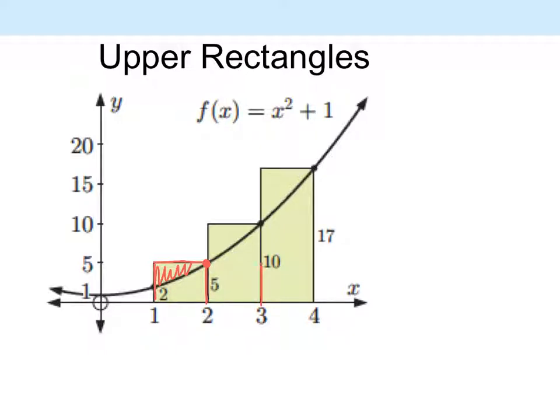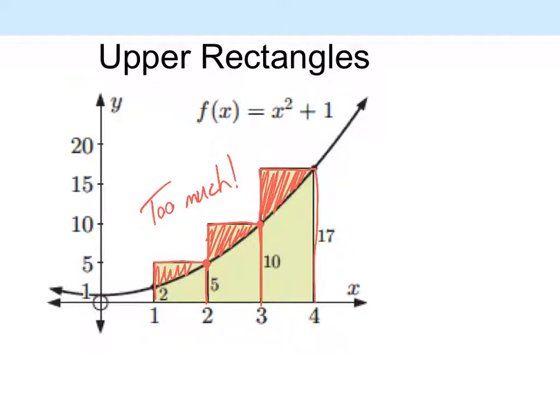And then here, upper rectangle, I draw a rectangle to the higher side. I have a little too much here. And then, of course, here at 4, I'm going to the higher side again. I'm getting too much there. So we're getting too much area. That's why this is an approximation.